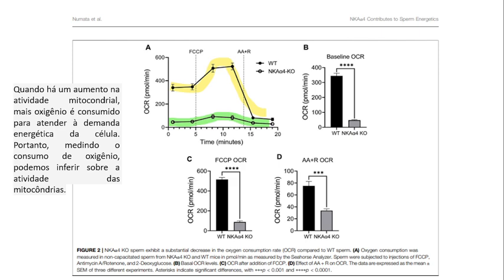In this graphic, the yellow one is the wild type, the control one. You see that you have a high level of oxygen consumption. But when you see the green one, the knockout one, the rats don't have this consumption of oxygen.